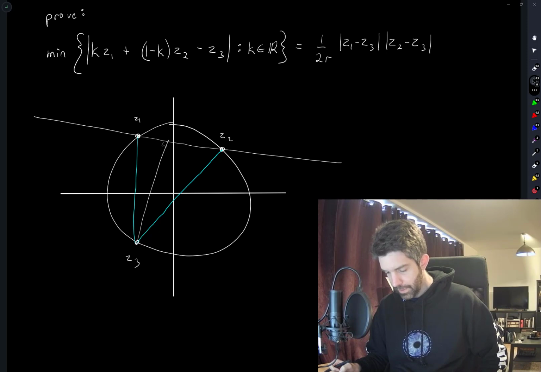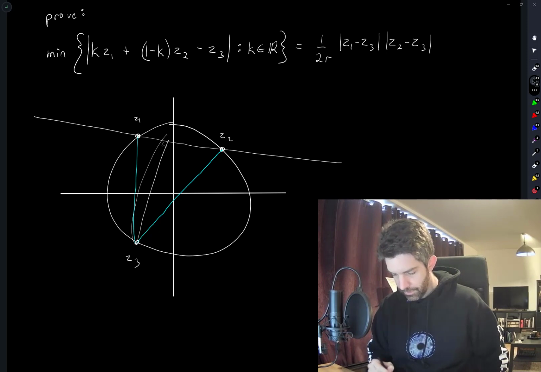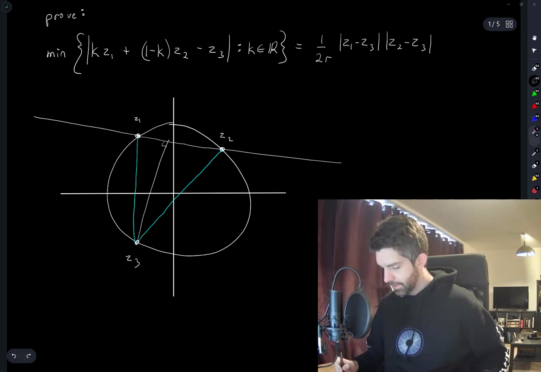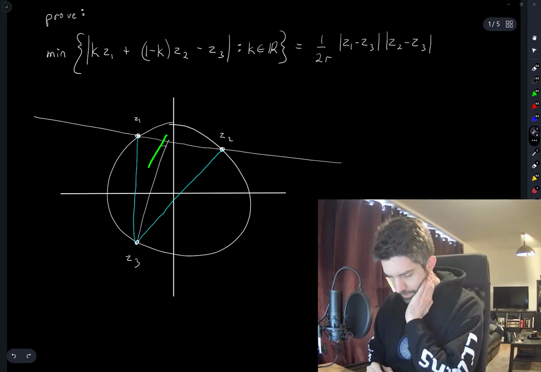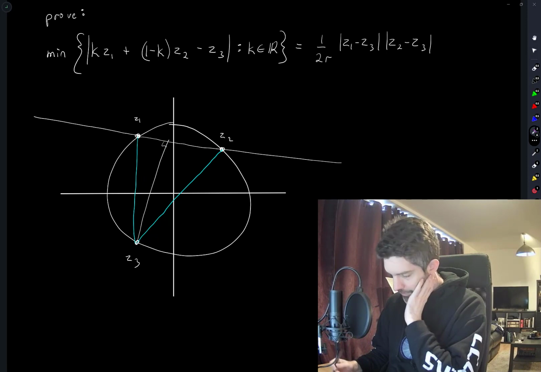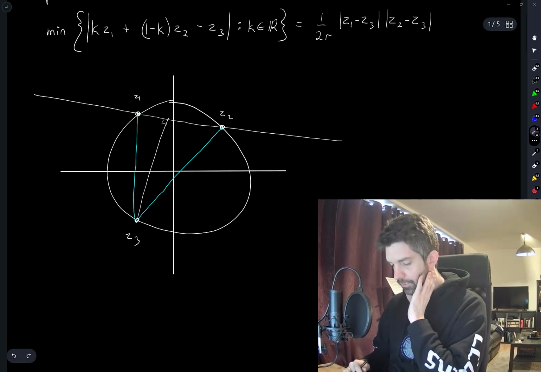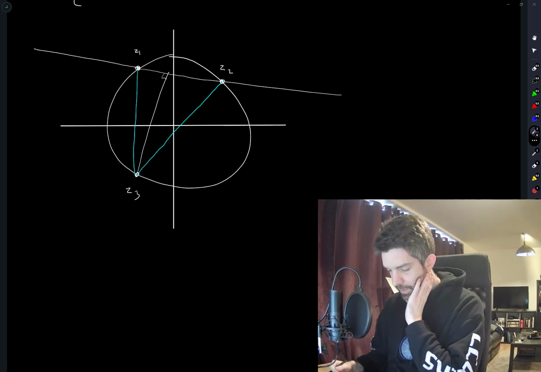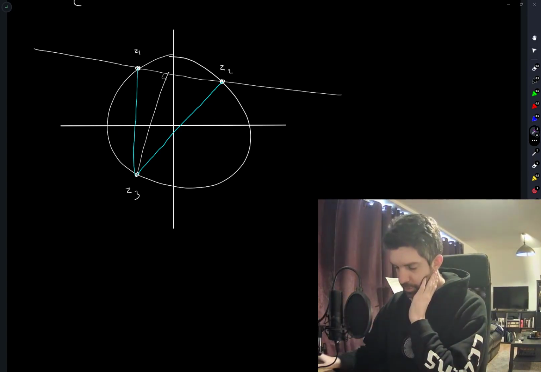So how might we go about computing this? I want to compute the height of this triangle. I feel like at this point with this sketch, there's going to be a whole bunch of identities that have to do with the geometry of a circle.